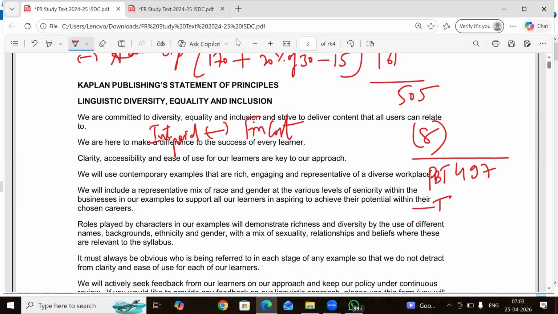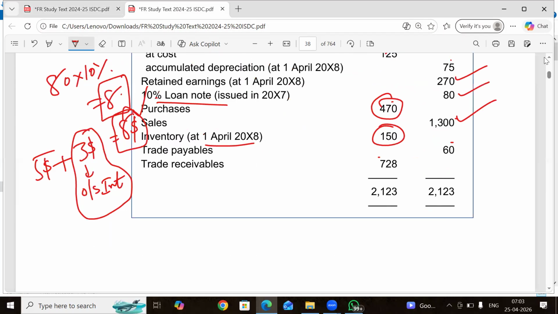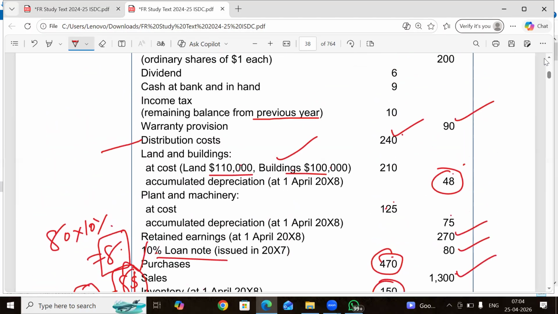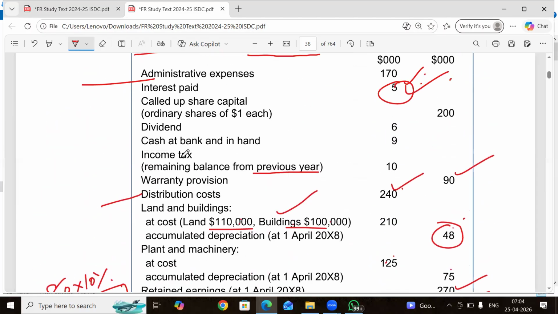Now tax, what they have said. Income tax, remaining balance from previous year is 10. This has to be paid this year. This is previous year balance. Income tax remaining balance from previous year.